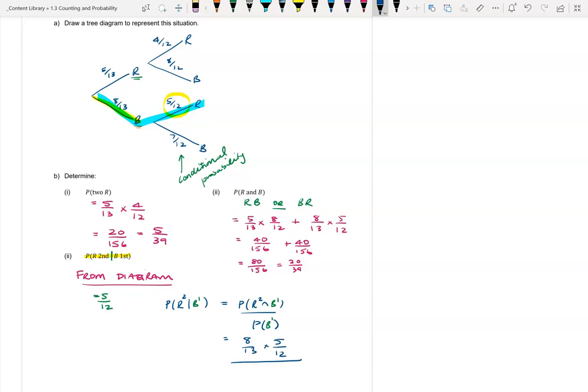The probability of choosing a blue marble is simply 8 out of 13. And when we simplify this, we can clearly see we will get 5 12ths. So whether we use our diagram or the formula for conditional probability, we'll arrive at our answer.